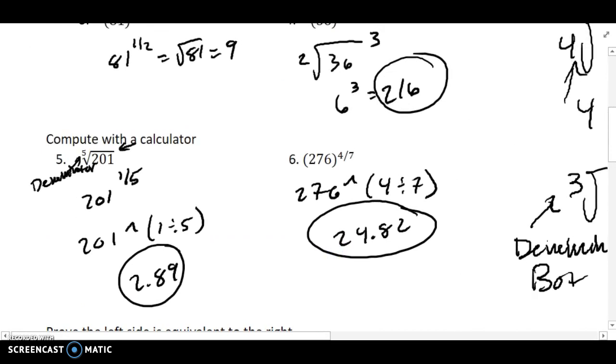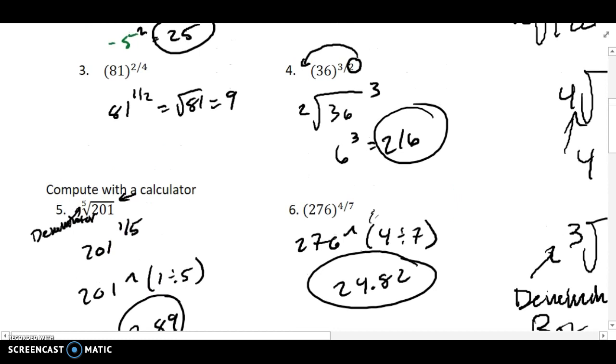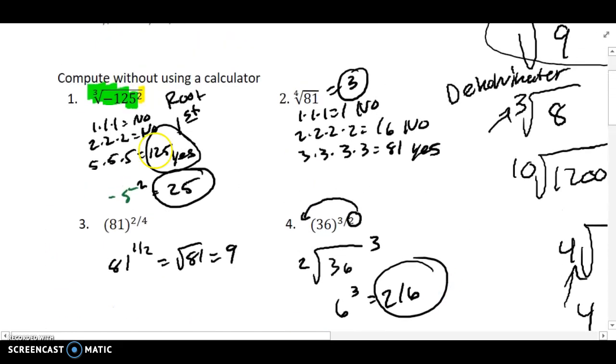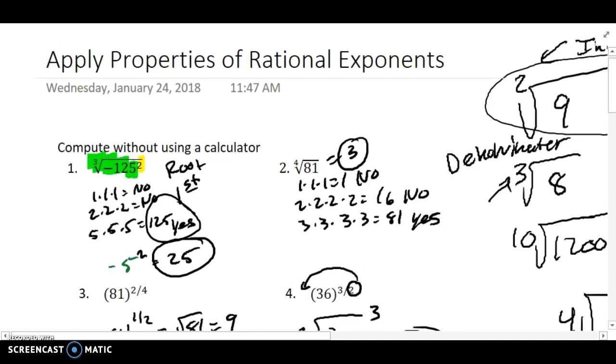How to put a root in the calculator, because you have to change it to a power. Remember, roots and powers are interchangeable, but a root and a power are opposites when they're whole numbers. Then we can break it down and do it by hand. Okay. If you have any questions, let me know. Not too complicated, but there is a lot to it, so if you don't practice, it'll be hard.